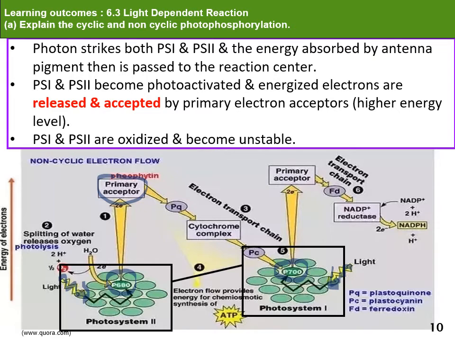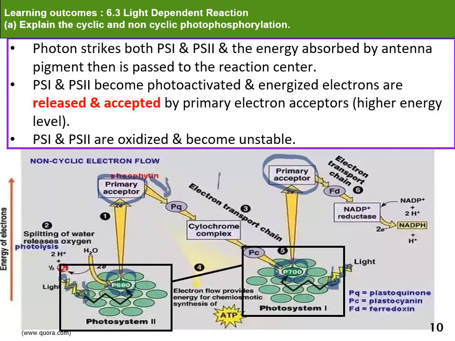Okay, so dia berlaku pada photosystem 1 and photosystem 2. So ini dalam keadaan primary electron acceptor in the higher energy level. Okay, PS1 and PS2 are oxidized sebab dia dah pass the electron tadi, release to the accepted by the primary electron acceptor, so dia jadi become unstable. Okay, so the both primary electron acceptor ni pula later, dia akan oxidize juga, di mana dia akan releasekan electron to the both electron transport chain.